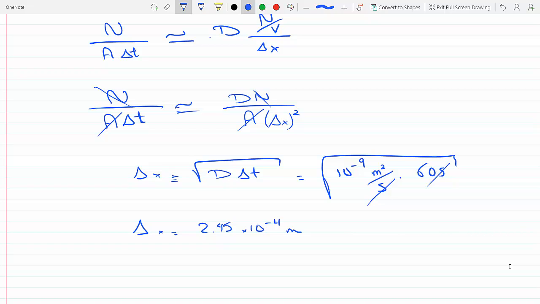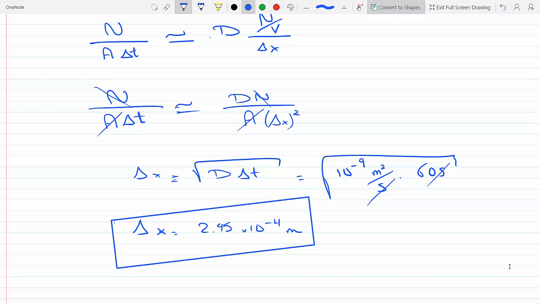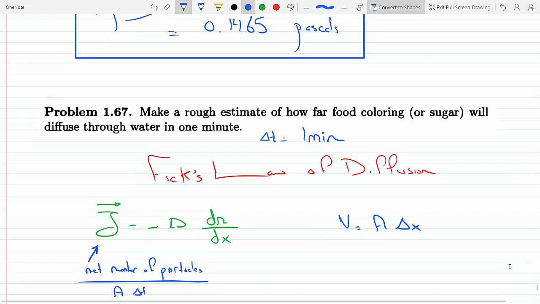So this is how far it will travel in 1 minute. This does it.